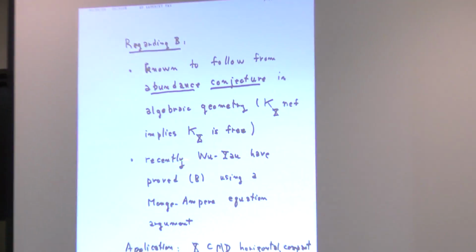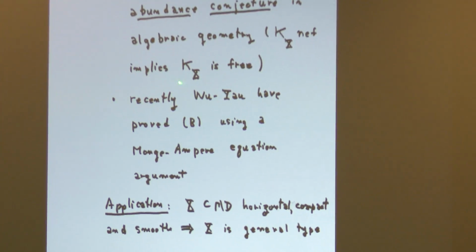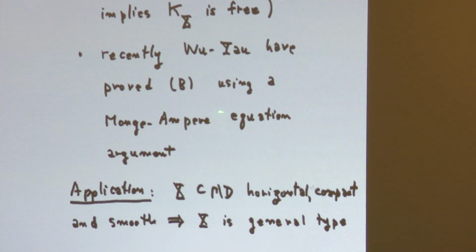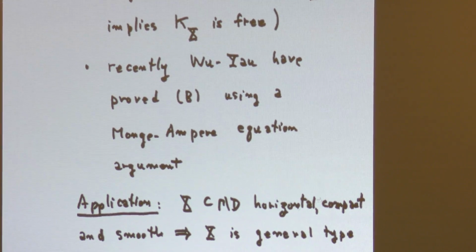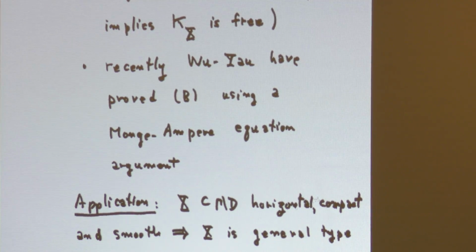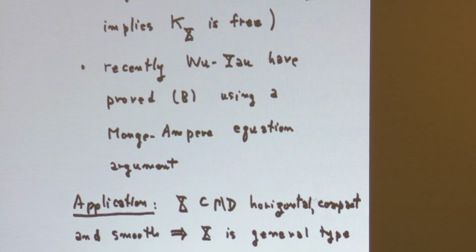Just this year, a few months ago, Wu and Yau proved B using a Monge-Ampère equation argument. It's a very beautiful argument. So this second conjecture B is known, and the proof uses analysis.